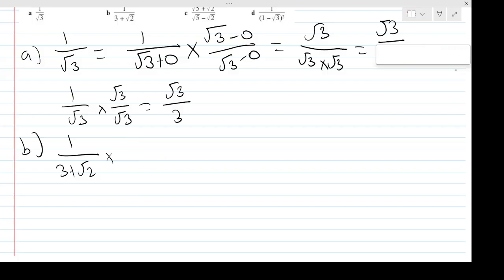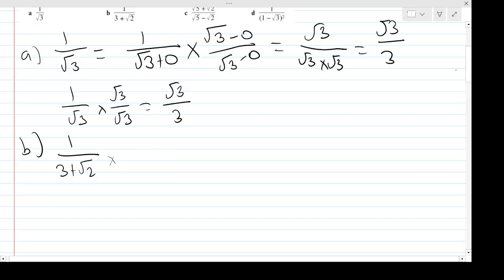So again, I'm going to need to times by the negative, right? I need to create a difference of two squares, so I need to take the difference instead. So instead of 3 plus root 2, I'm going to do 3 minus root 2. And actually, it doesn't matter if instead you did root 2 minus 3. We still create the difference of two squares at the end of the day.